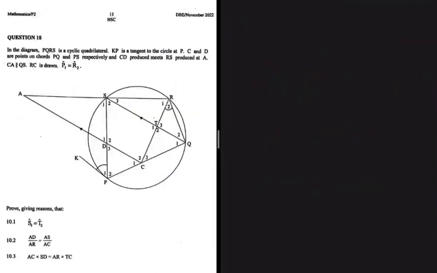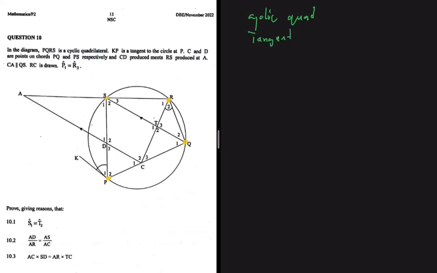Let's see what's happening here. So in the diagram, PQRS is the cyclic quad. So let's indicate that, right? PQRS being a cyclic quad. I'm just going to write that down too, because a cyclic quad is very important to us, right? There's a few properties around that. And then KP is a tangent, so let's have tangent there.